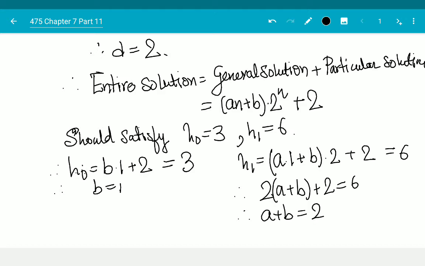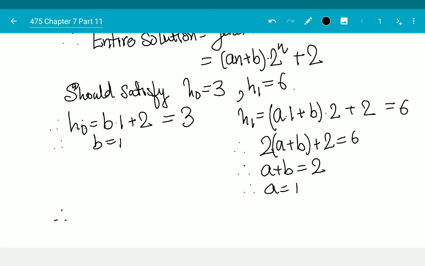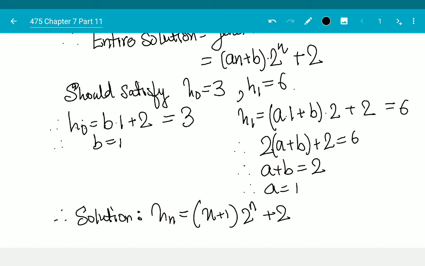Divided by 2 is 2. I know b is equal to 1. Therefore, a is equal to 1. And therefore, the solution is hn is equal to n plus 1, 2 to the n plus 2.